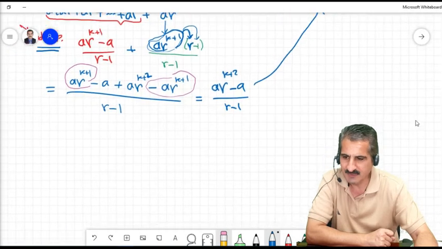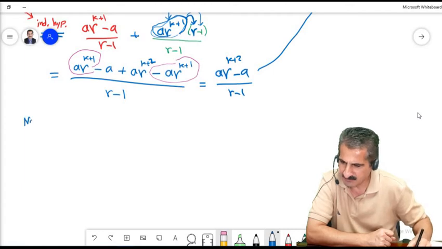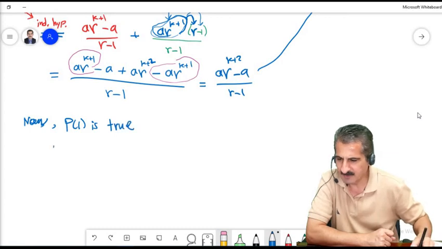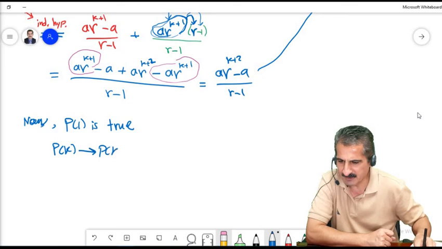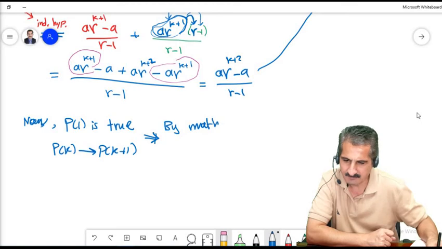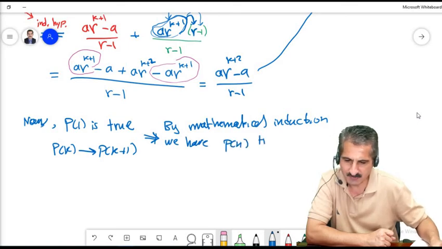Now we must finish the proof by saying: now we proved P of 1 is true, and P of k gives P of k plus 1, and so by mathematical induction we have P of n is true for all n positive integers.